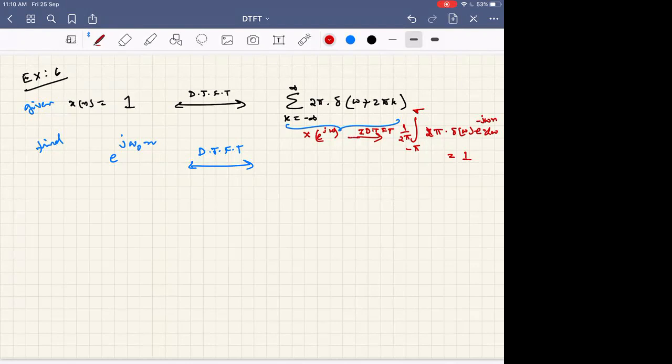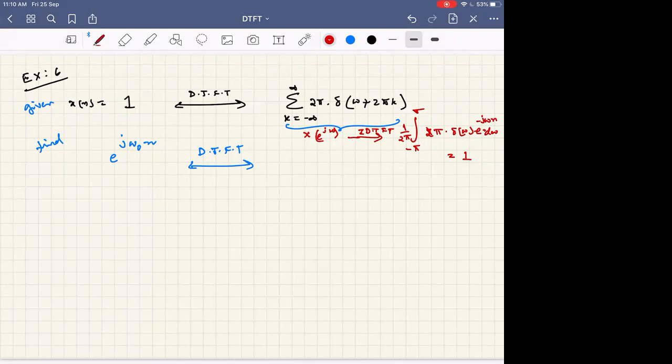Anyway, we know that the Fourier transform pair exists. This is x of n, and this is the Fourier transform. In fact, this is not a nice signal. This x of n is neither absolutely summable nor square summable; it converges in the mean square sense.